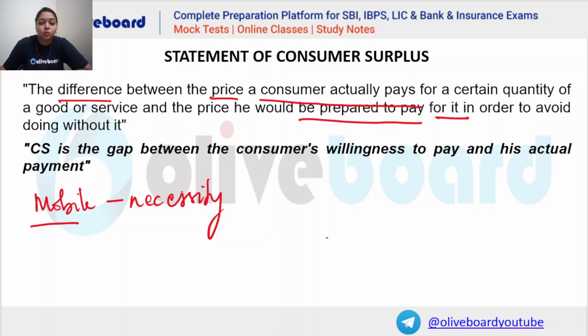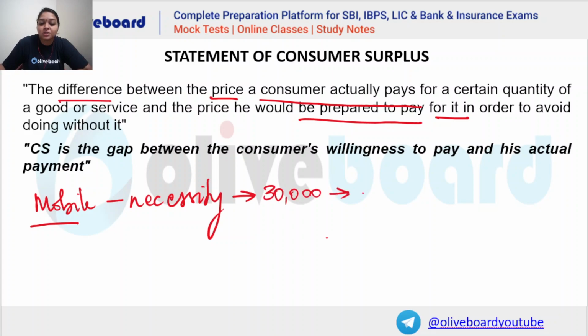Now let us say you want to purchase one phone. You have come to the shop, and obviously you don't want to go without buying a phone. You want to leave the shop by buying a phone, right? So you will say my budget is 30,000.